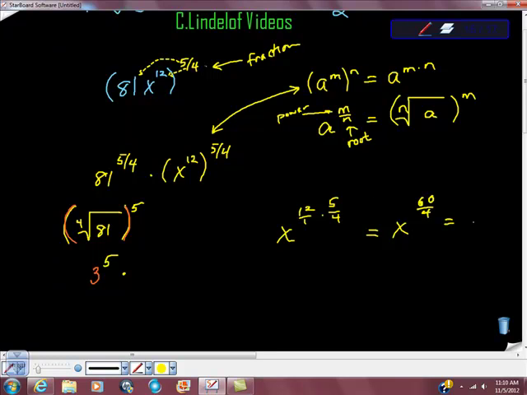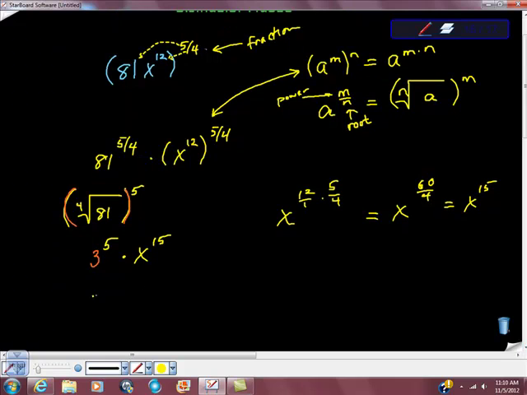And 60 over 4 happens to be 15, so x to the 15th. And I'm going to just pick these pieces up, put them together. And my answer will be 243 x to the 15th power, where again, I'm saying that that's equivalent, but not necessarily, if you will.